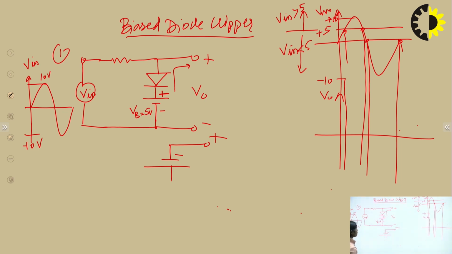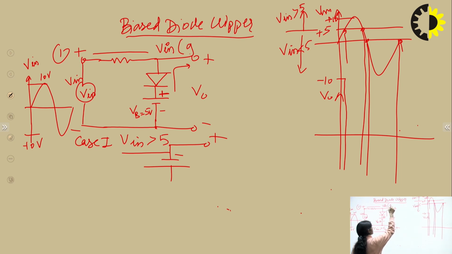So if we first start with the positive cycle, first case 1, Vin greater than 5, we have Vin coming here. Now first case we had taken Vin greater than 5, that means Vin is always greater, or we can say higher value than 5. So can we say this Vin is at higher potential as compared to 5 volt.